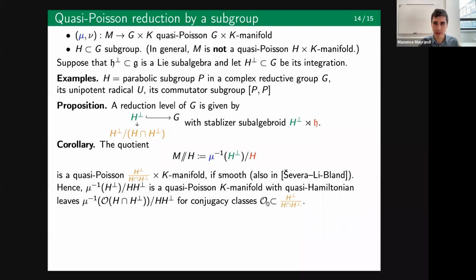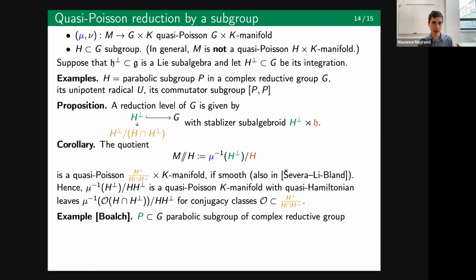This is for each conjugacy class in this group here. The preimage under the quotient map gives us a subset of H perp, and then we take the quotient by H perp. So, a concrete example which recovers spaces defined by Philip Boalch in his study of moduli spaces of meromorphic connections.